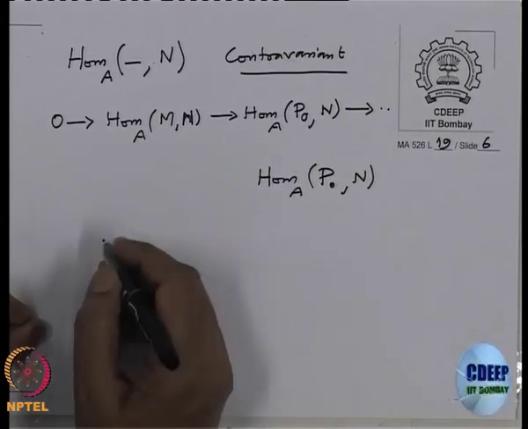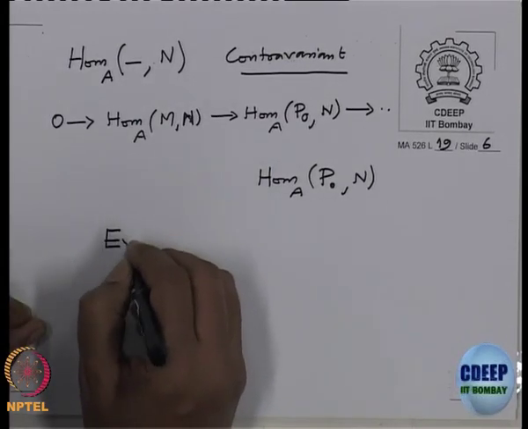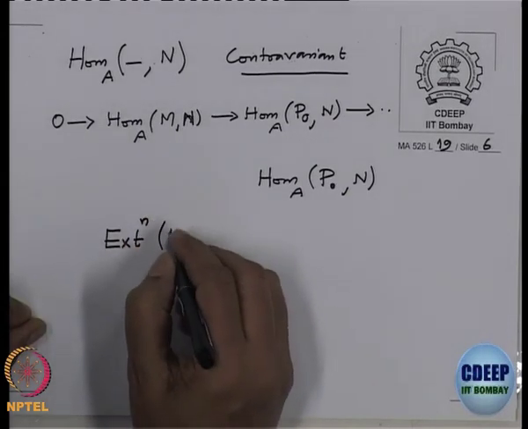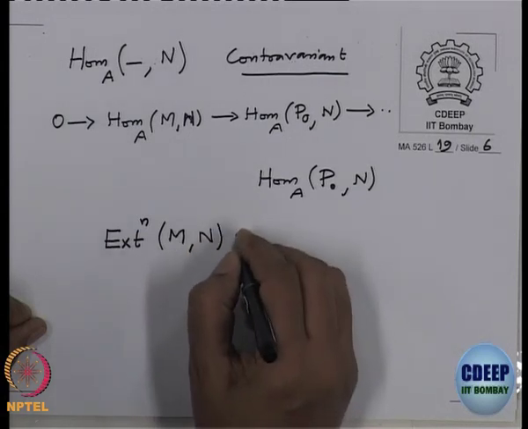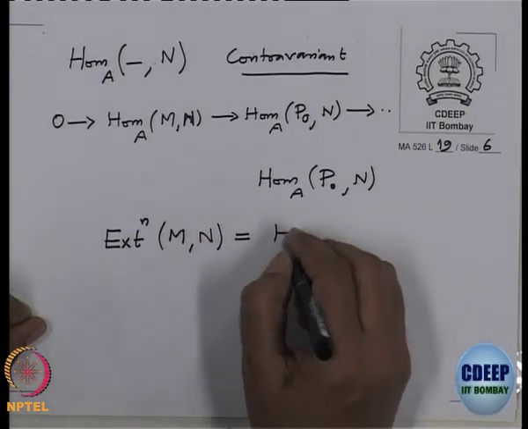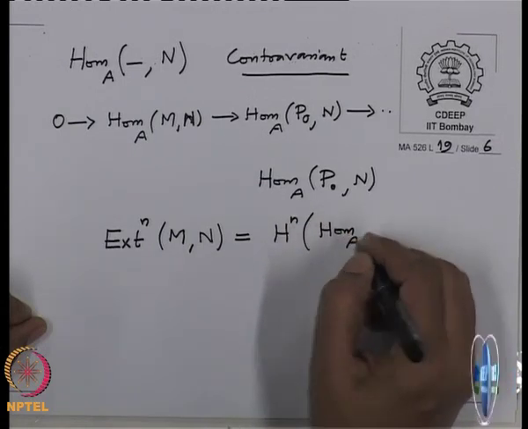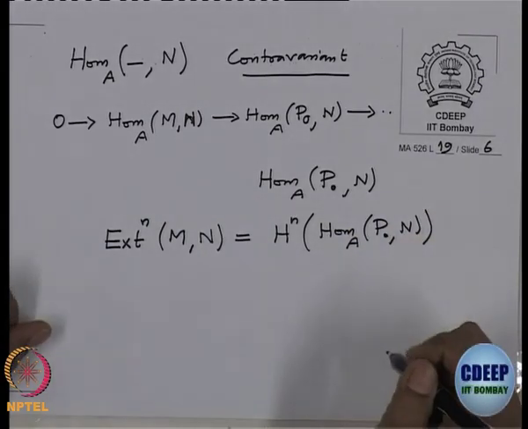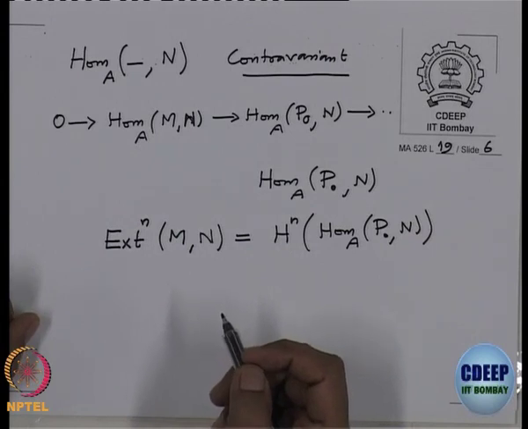So, these cohomologies are denoted by Ext n of M, N. This is by definition H n of home A of P dot, N. Again the same, that is kernel by image.